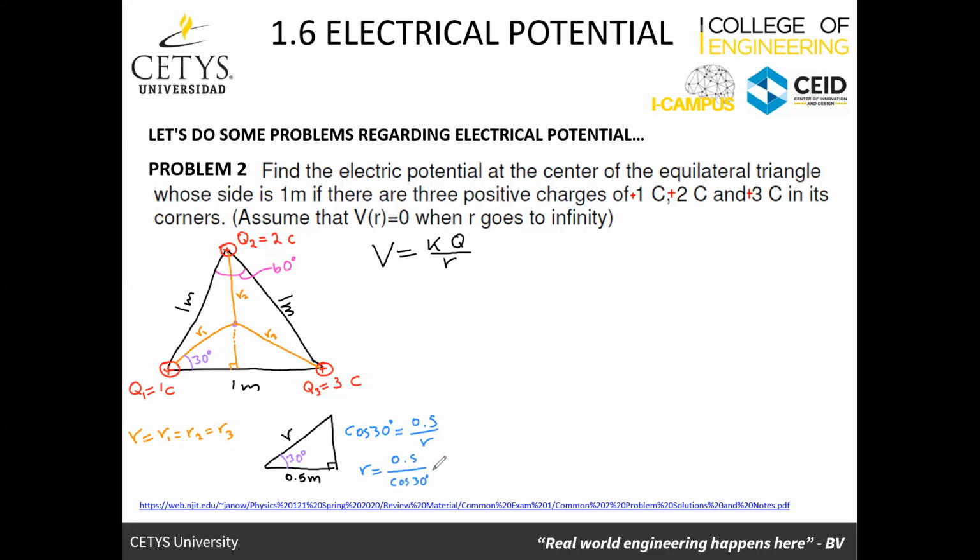Can somebody give me this value, please? 0.57. Let's leave it at 2 decimals. You guys can use the whole decimals. Let's use 0.57. And so now, what we need is to calculate the electrical potential for each of these situations.